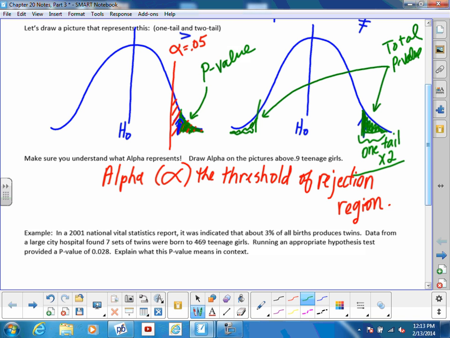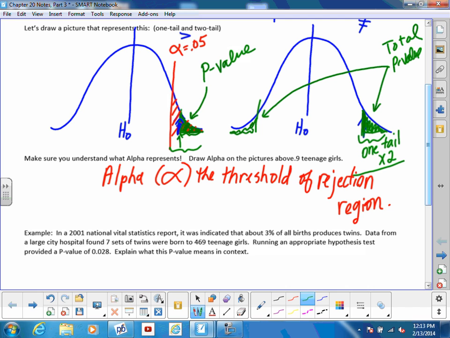Because if the p-value is lower than alpha, that is because your sample is in the rejection region. I'm going to say that one more time. If your p-value is smaller than the entire alpha rejection region, then that is saying that your sample is in the rejection region. That is why if the p-value is low, the null has to go.